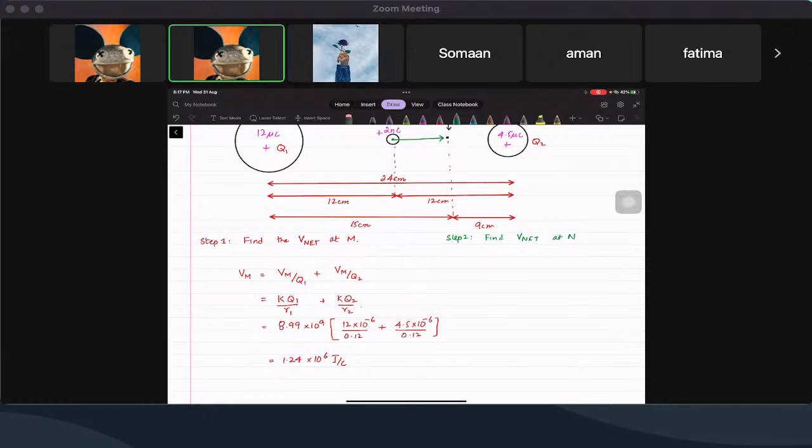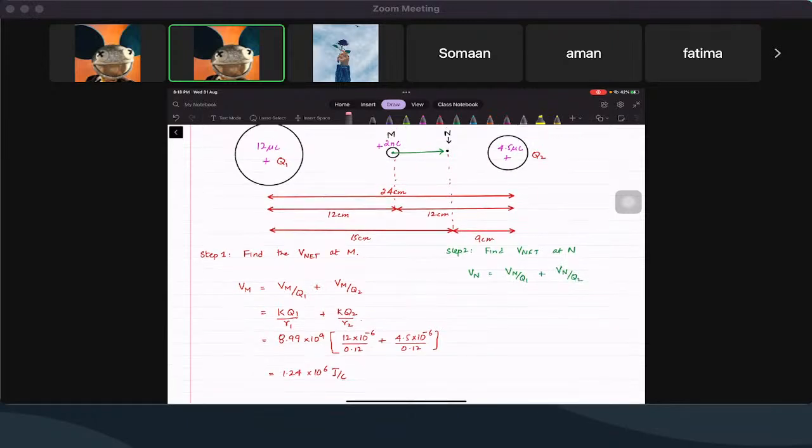So voltage at N will be equal to the voltage at N due to Q1 plus voltage at N due to Q2, because these are the two big charges affecting that point. Now let's write the equations. K Q1 over R1 plus K Q2 over R2.